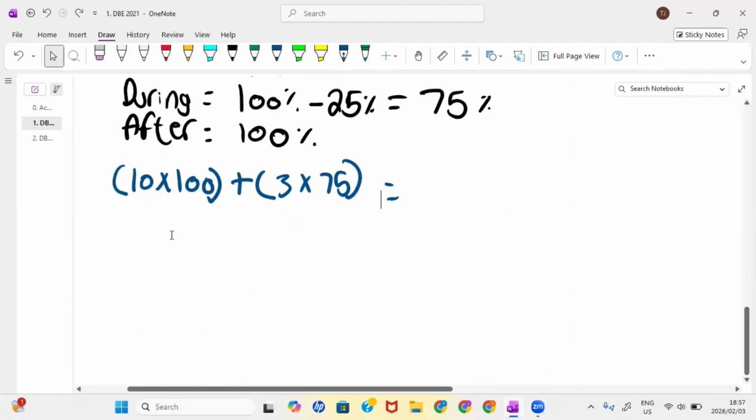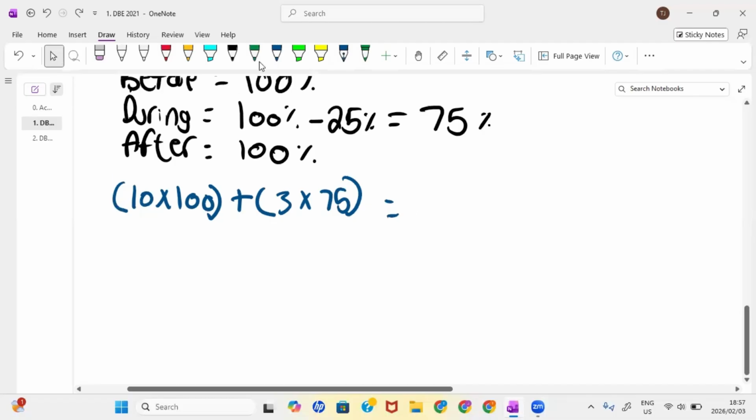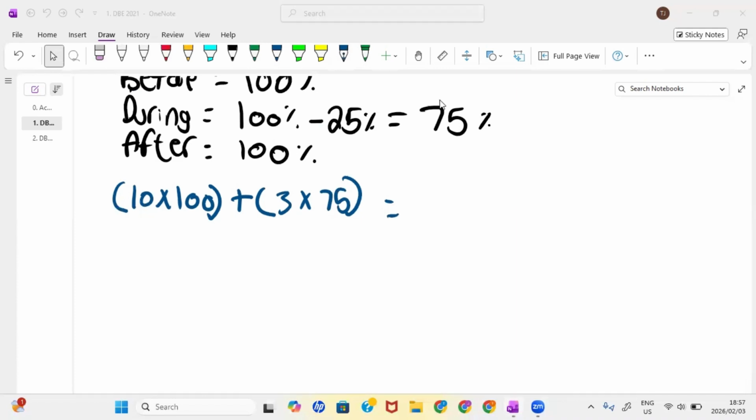Just punch this in with the brackets in your calculators. What does it give us, guys? 1,225. Are we all getting that? I see 1,225. Okay, thank you.